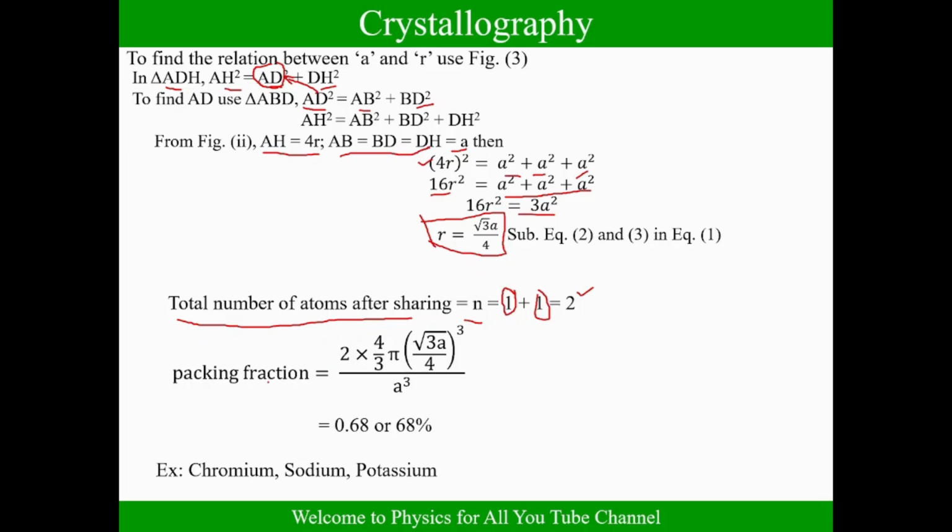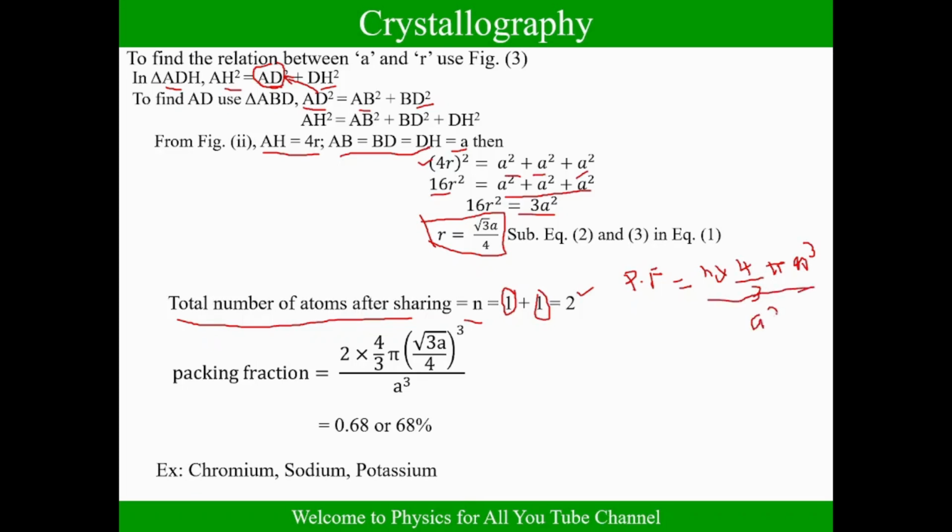Now we have to substitute these known values, n is equal to 2 and r is equal to root 3a divided by 4, in the packing fraction. Already we know that packing fraction is equal to, now I am writing the equation of packing fraction, n into 4 divided by 3 pi r power 3 divided by a power 3.